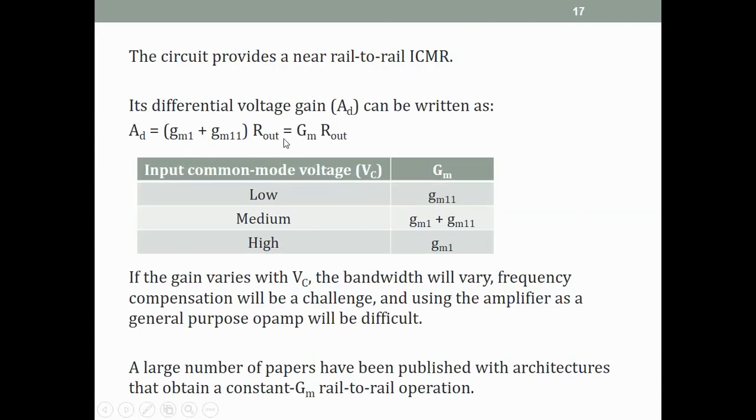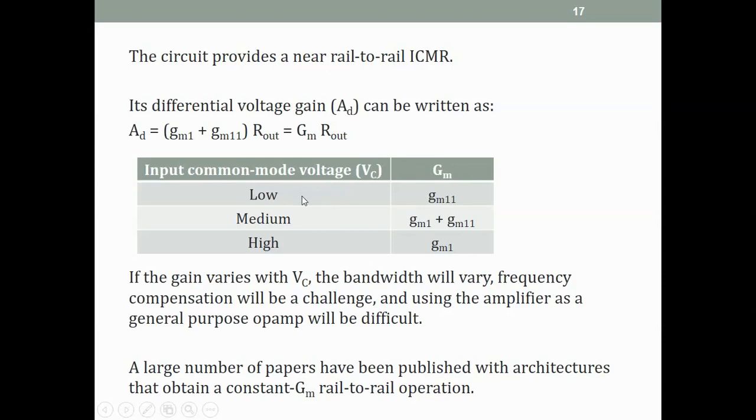Now let us think about what happens to gm1 and gm11 as the input common mode voltage varies, because that is the purpose, to make this work for a large input common mode range.